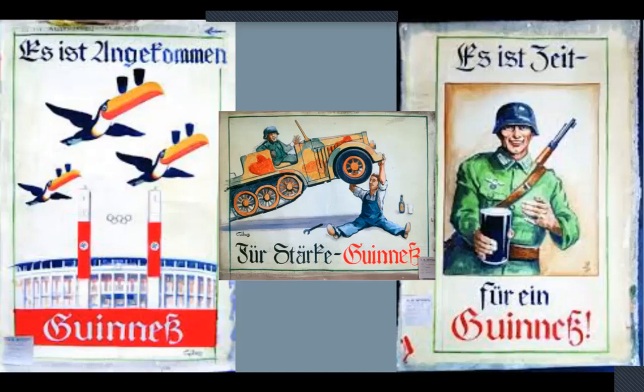And a lot of people don't realize, but Guinness was getting ready for the triumph of the Reich, and was getting ready to market their famous Irish stout for the use of Hitler's troops.